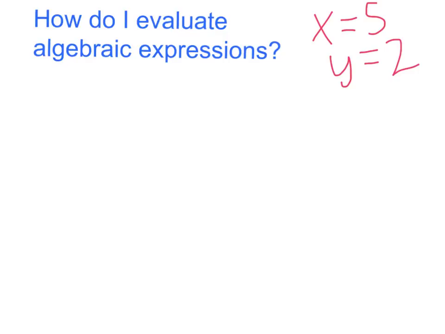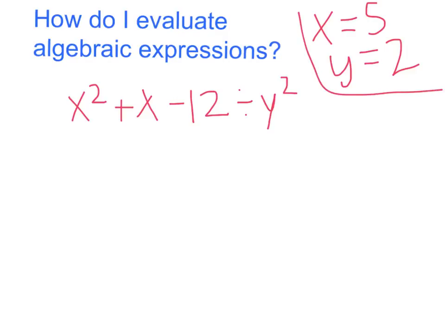And my first problem is x squared plus x minus 12 divided by y squared. So there we go, there's my problem. The very first thing I'm going to do is drag and drop those numbers into where my variables are.